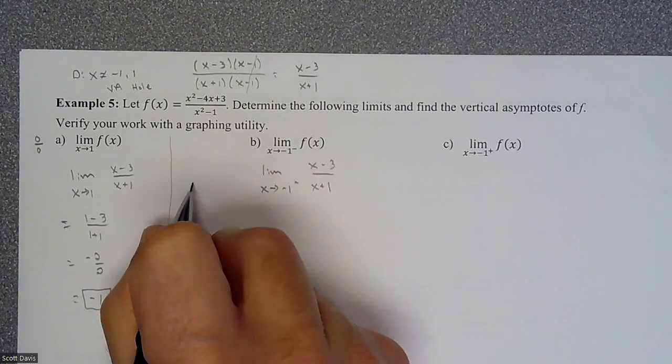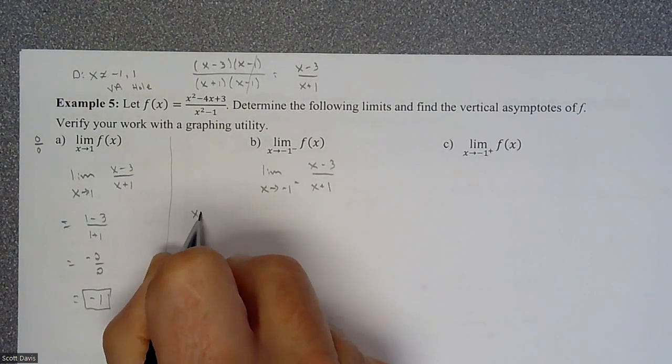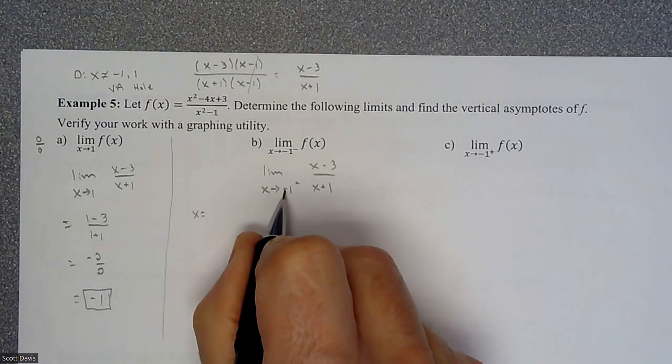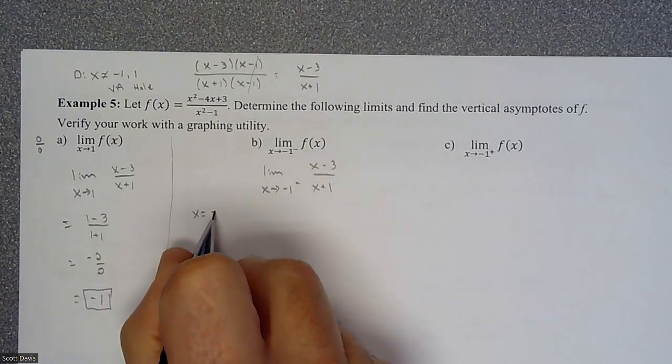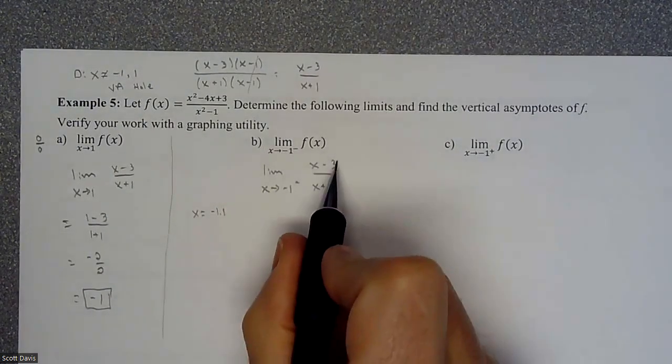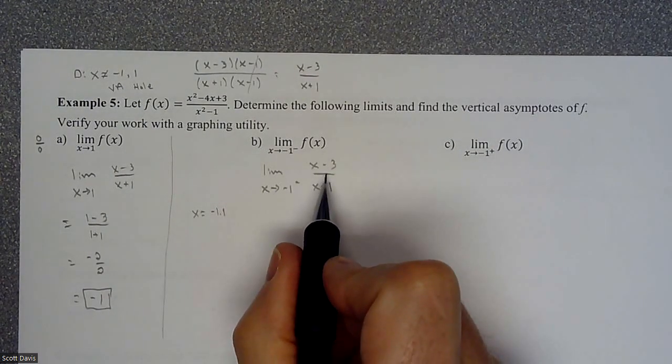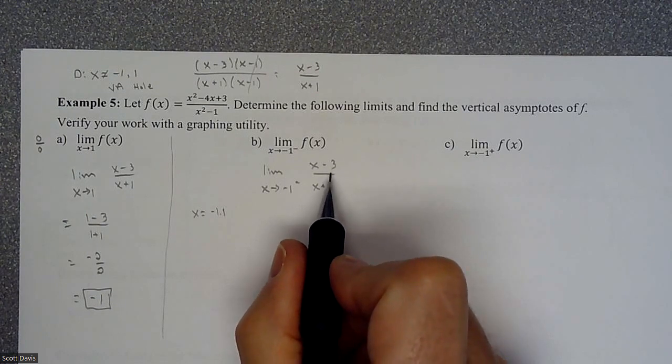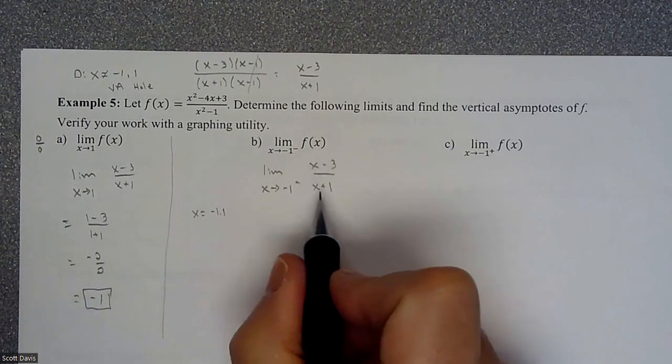If we're to the left, we plug in a value that's to the left of -1, so -1.1. Since it's an asymptote, I know it's going to go to either positive infinity or negative infinity. I'm just trying to get an idea of which situation I have.